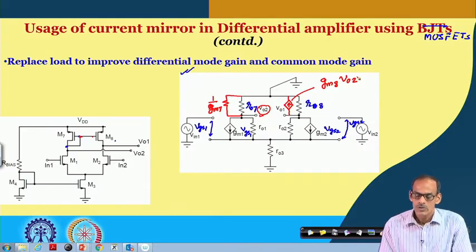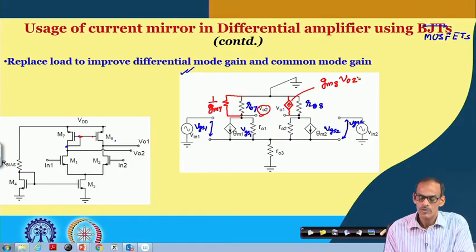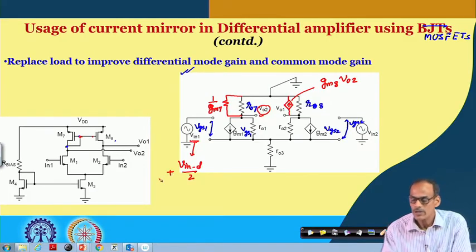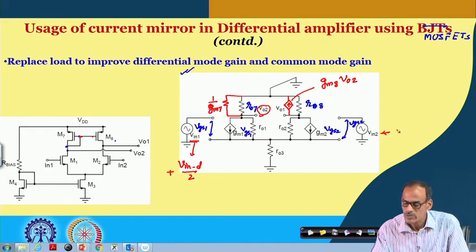Now, let us see two cases, common mode operation and differential mode operation. To start with, let me consider Vin1 equals Vind by 2 with a plus sign, and Vin2 equals minus Vind by 2.